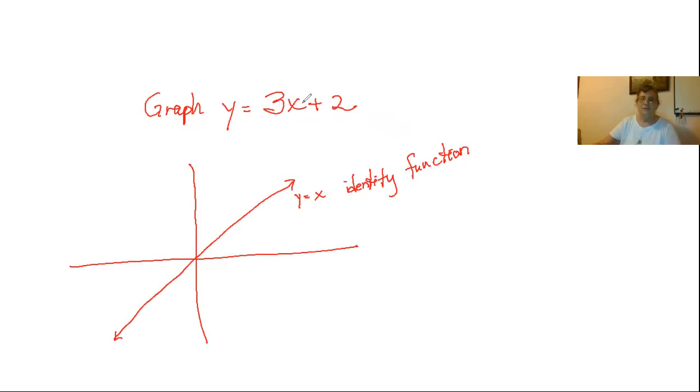If we multiply this by 3, it's going to pull it away from the x-axis by a factor of 3, or you consider it being pulled toward the y-axis. So it would either be 3 times as far away going this way, or only a third as far going this way. So if you take, say, this point right here, which is this far, it's going to be 1, 2, 3. It would be up here.